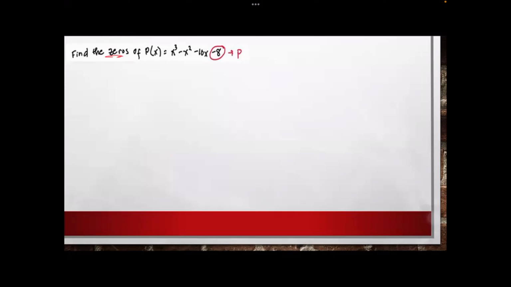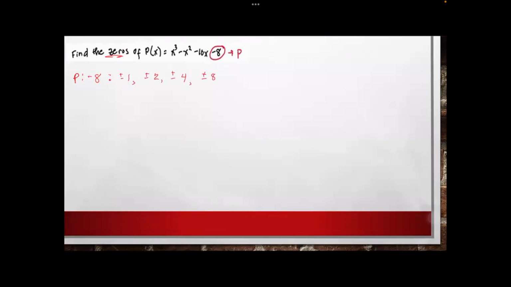Let's find the zeros of p of x is equal to x cubed minus x squared minus 10x minus 8. I circled here the negative 8 because this is our constant p. So, our p is negative 8. Let's get the factors of negative 8, the possible divisors of negative 8. We have positive and negative 1, positive and negative 2, positive and negative 4, and positive and negative 8.